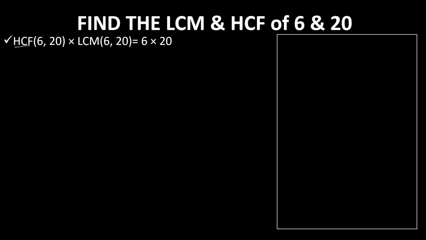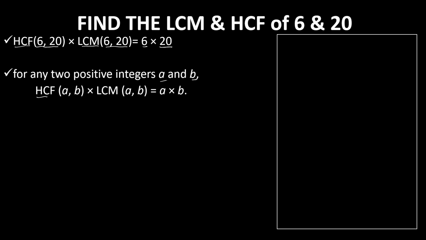HCF, highest common factor of 6 and 20 multiplied with lowest common multiple of 6 and 20 is equal to the product of the two numbers 6 into 20. For any two positive integers a and b, highest common factor of a and b multiplied with lowest common multiple of a and b will be equal to the product of a with b. So this is how we generalize this entire statement.